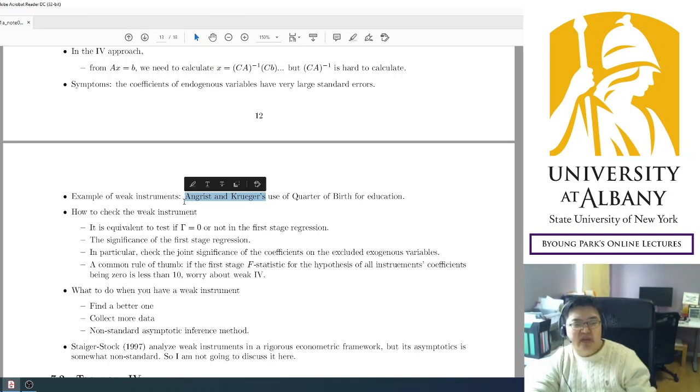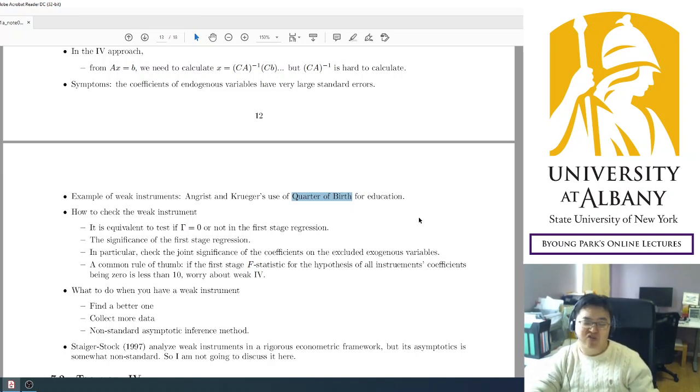Later on, economists found this method could have a potential weak instrument problem, because you may think, how much can quarter of birth affect your education decision? Frankly, it's very weak. Quarter of birth may be one of the determinants of education, but it's a very minor, very small determinant.